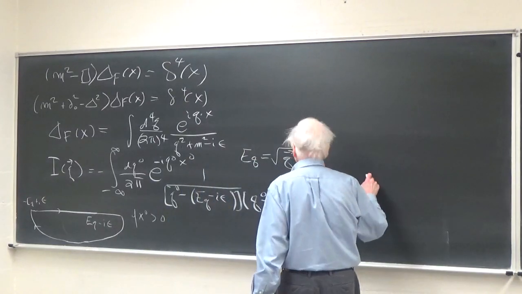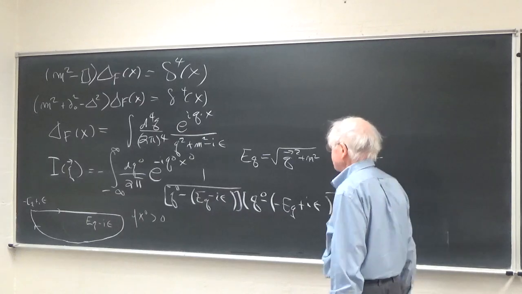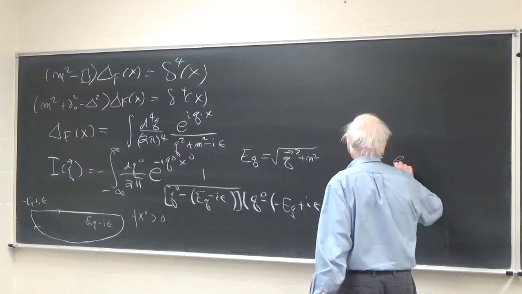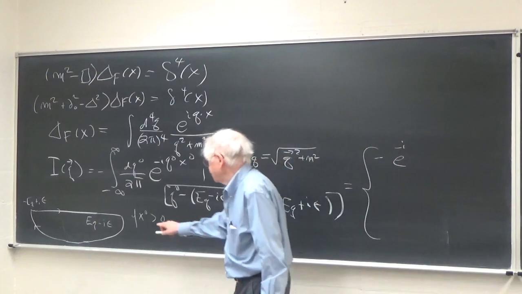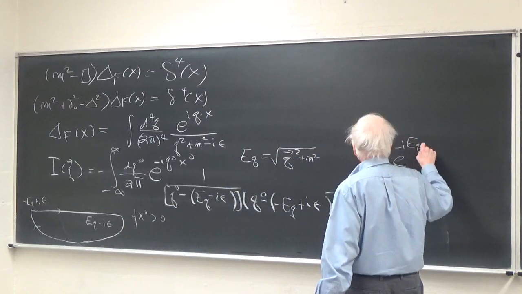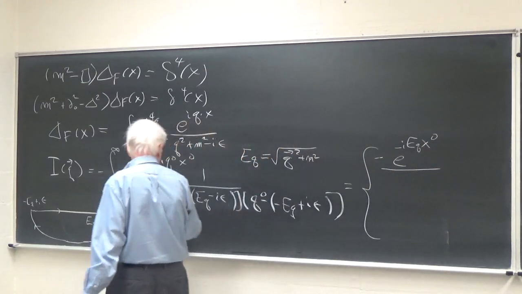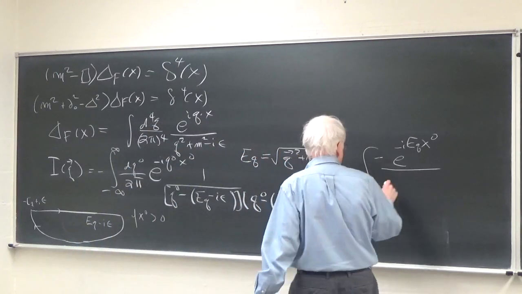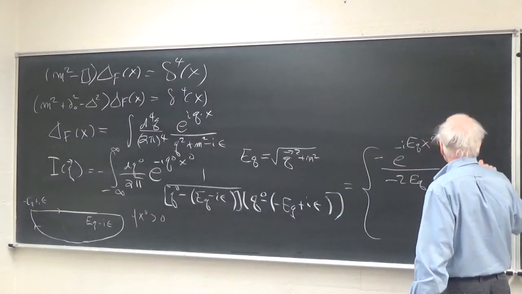So this gives you, first of all, the overall minus sign, then e to the minus I, q0 then is EQ, x0, and q0 is this one, so we pick up minus 2 EQ here, and this is if x0 is greater than 0.